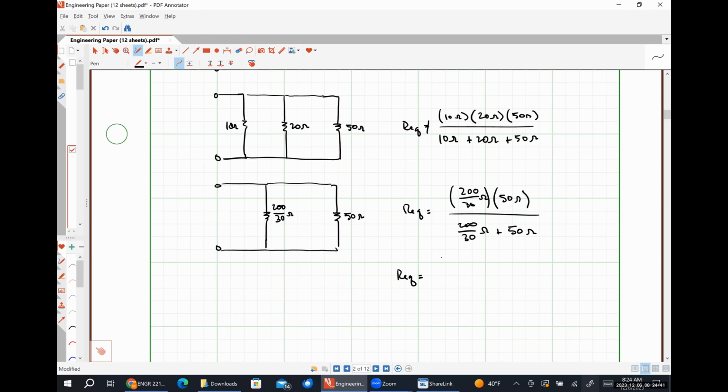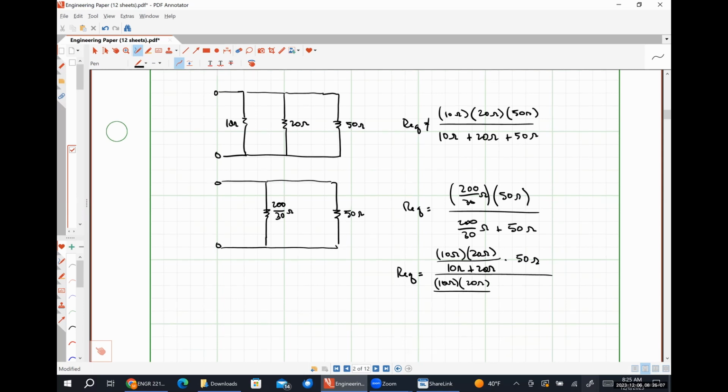So what you would have would be 10 times 20 over 10 plus 20. This combination would be multiplied by 50. And then you'd have 10 times 20 over 10 plus 20 plus 50. If you wanted to do it in one fell swoop.